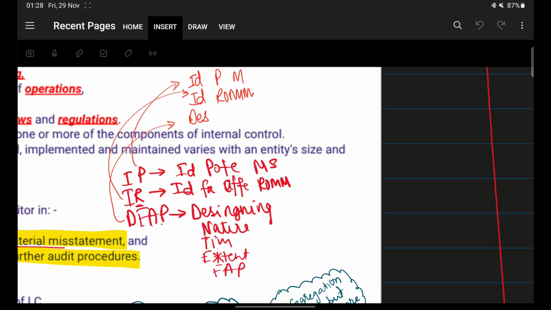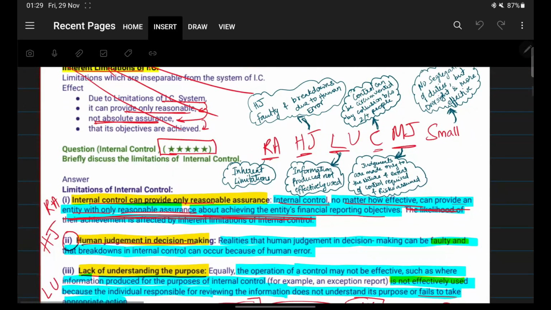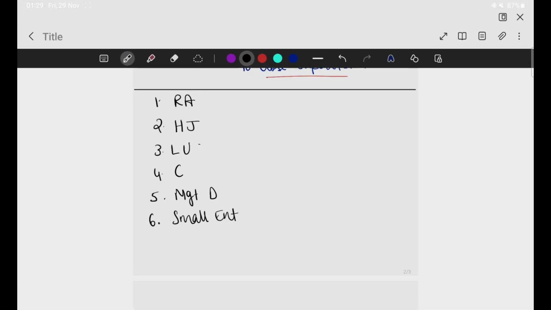So understanding the internal control helps you to identify potential misstatement, identify factors that are affecting risk of material misstatement, and lastly, it helps you to design the nature, timing, and extent of further audit procedures. And when it comes to limitations, the limitations that we had just studied here, right? The first part was it provides only reasonable assurance, right?